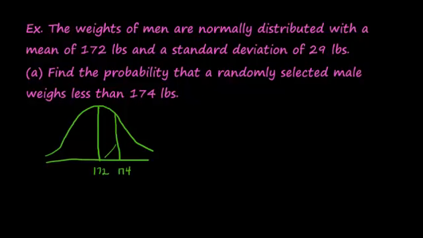So this is the area we're interested in, and we know that when we normalize our scores, on the Z scale, the mean is 0, and so what we need to find is the Z-score for 174.